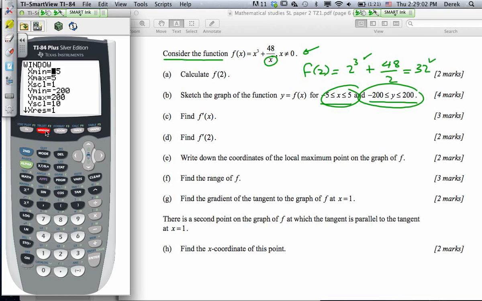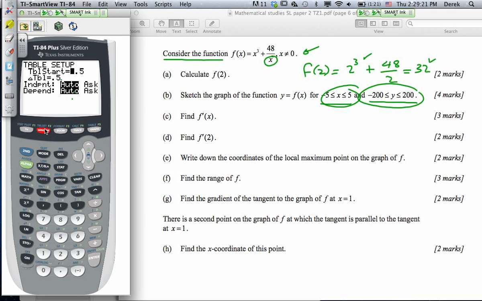So it's from -5 to 5 and from -200 to 200. I've made my y scale to be 10 because this is a large amount, where this I made the y scale to be 1.